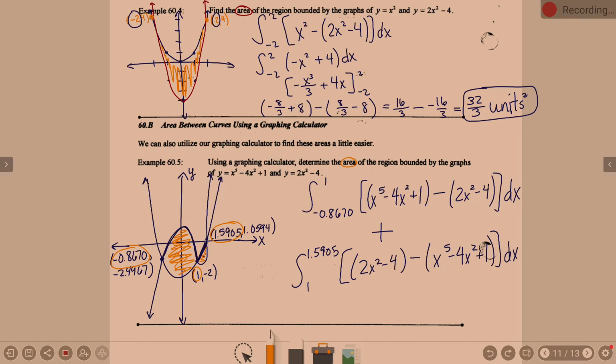And I don't know if anyone caught on. Technically, we have these typed in y1 and y2 already. I use that on most of my experiments. So technically, for me, my quintic is y1, my parabola is y2. And so I could use those in my shortcuts because on the graph I have y1.